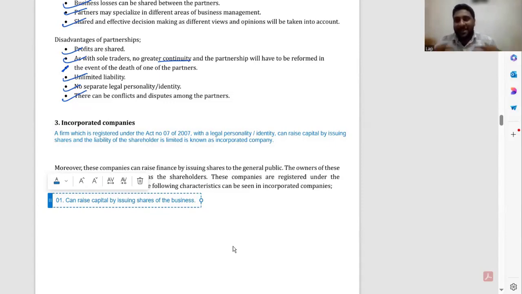Sole trader means I am the business, so what do I give? I should cut and give pieces of my body, because they are not two different things. But people, an incorporated business is not like that. It's a separate business, a different person. So if that person needs money, he can give pieces of this business and get money. By issuing shares, he can get money.